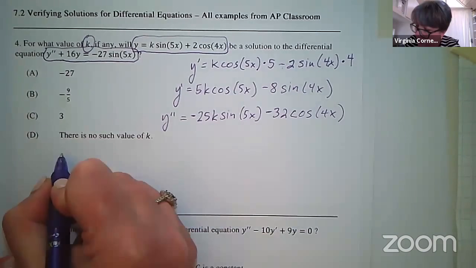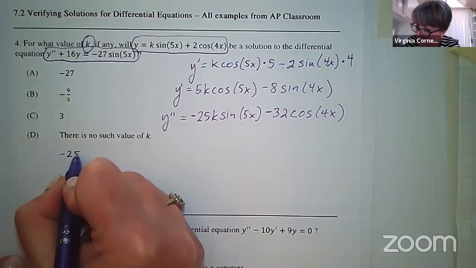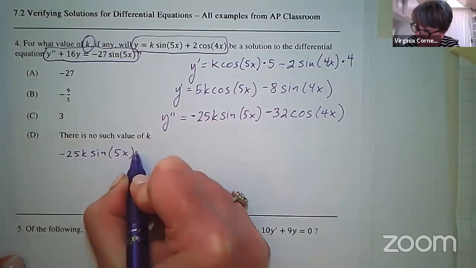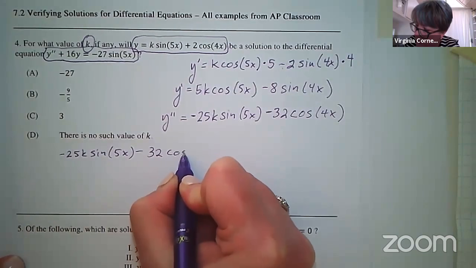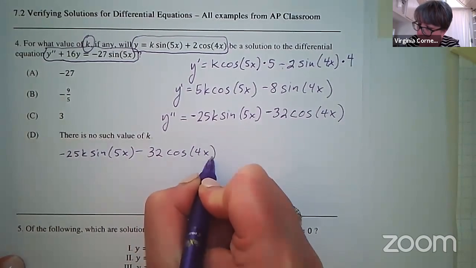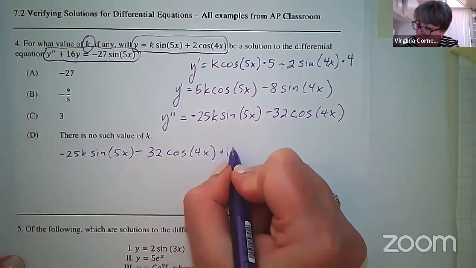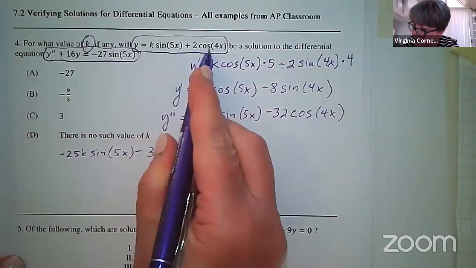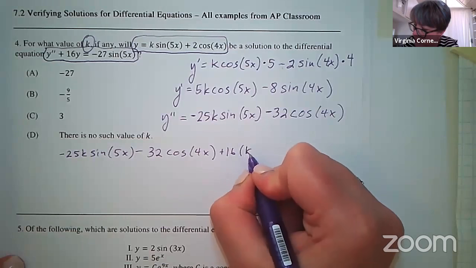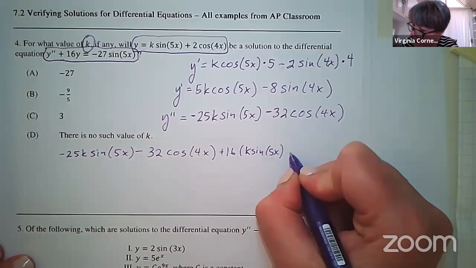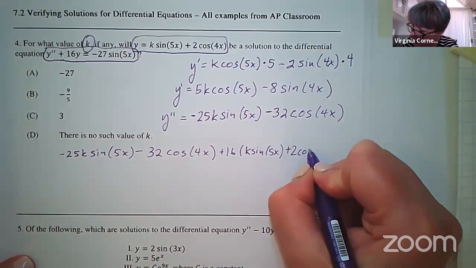So we have negative 25k sine of 5x minus 32 cosine of 4x. That's my y double prime. And then plus 16y, here's my y, so 16 times k sine 5x plus 2 cosine 4x.